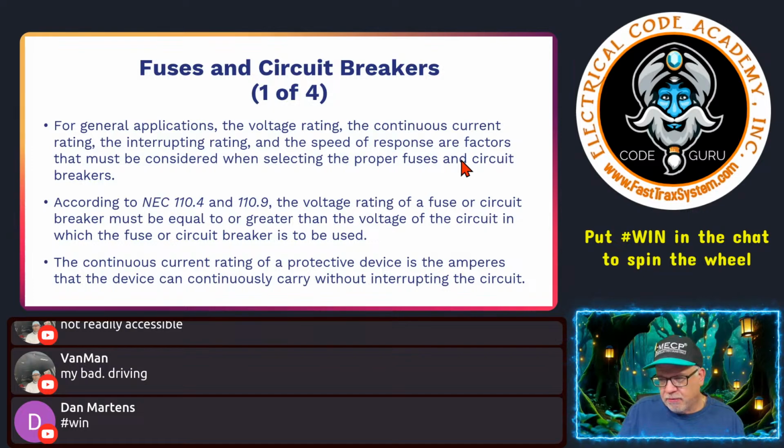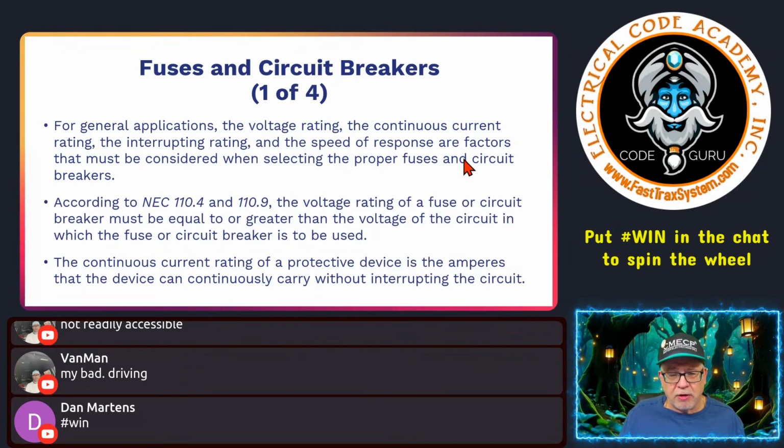They'll look at the rating of the actual fuse or circuit breaker, whether it's rated for continuous use or not. Most regular circuit breakers are not rated for continuous use because they're limited to 80%, but you can buy those that are rated for it. You can buy those that are what we call a 100% rating, all those types of things. So all these things you take into consideration whether you think about it or not, right?